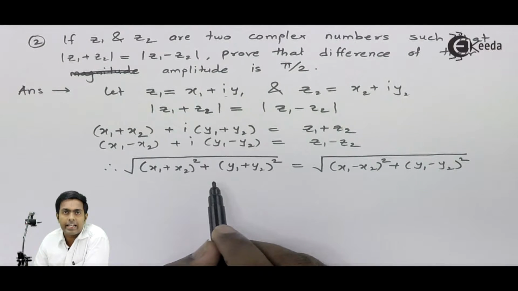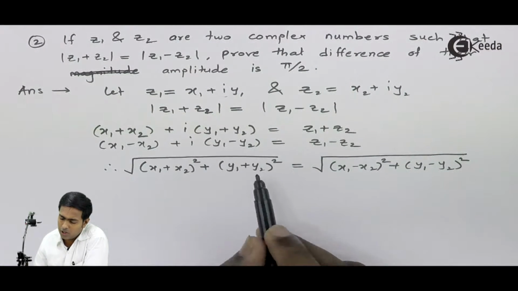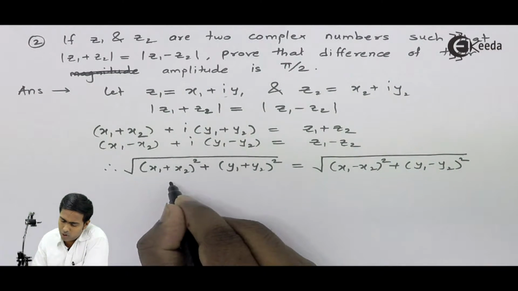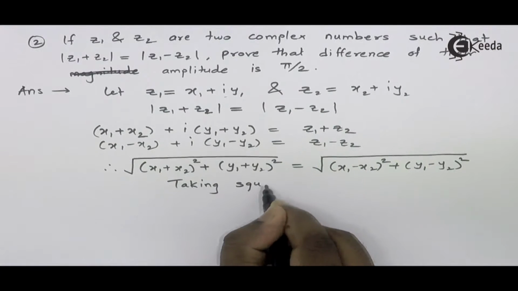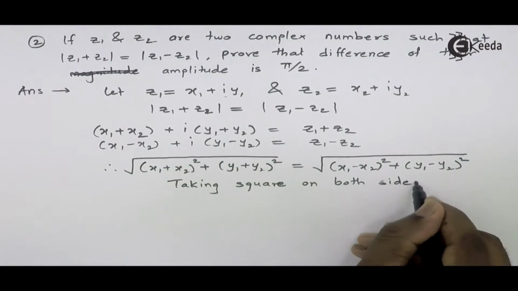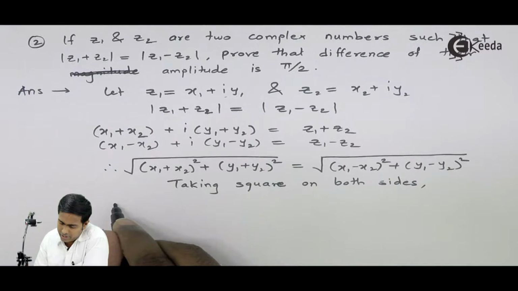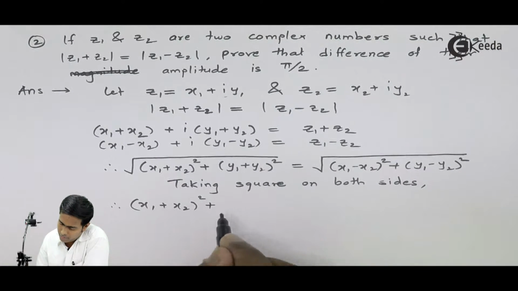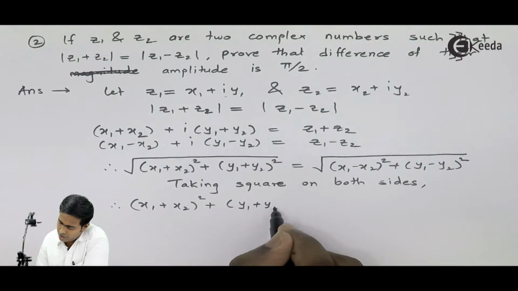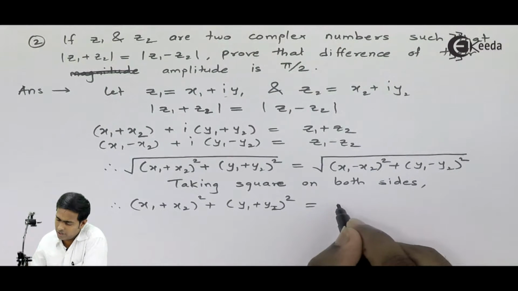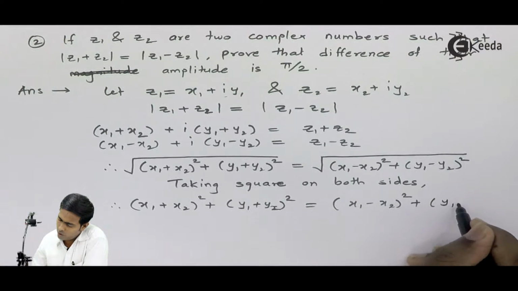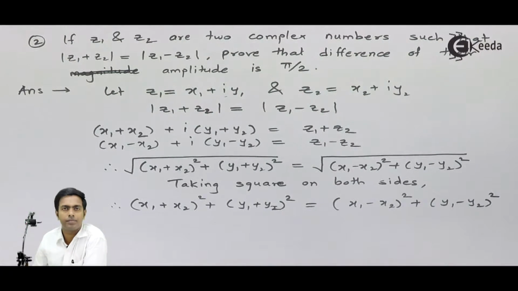Now we can take square on both sides, so that the square root will be removed. So on the left hand side we get (x1 plus x2) the whole square plus (y1 plus y2) the whole square. Similarly, on the RHS we get (x1 minus x2) the whole square plus (y1 minus y2) the whole square.